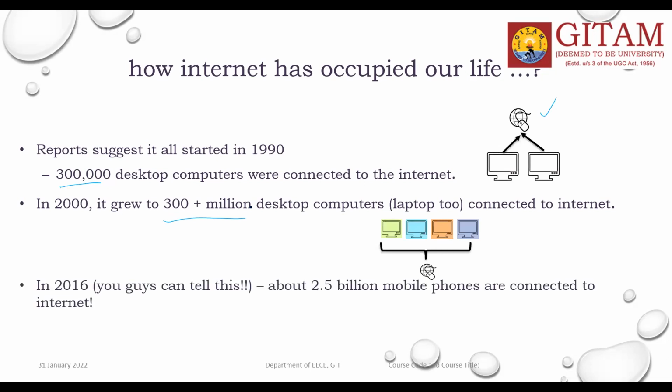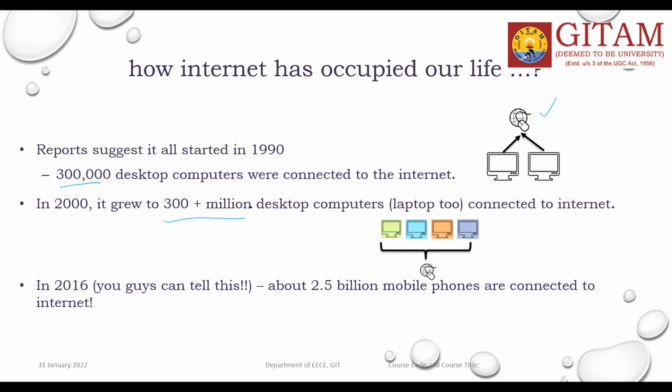Now in 2016, there were 2.5 billion mobile phones. Earlier, all were PCs because the internet was available only for PCs. Once the mobile phone transformed into the smartphone, each mobile phone had the provision of an internet connection. Then the use of the internet on mobile phones became much more than on PCs or laptops.